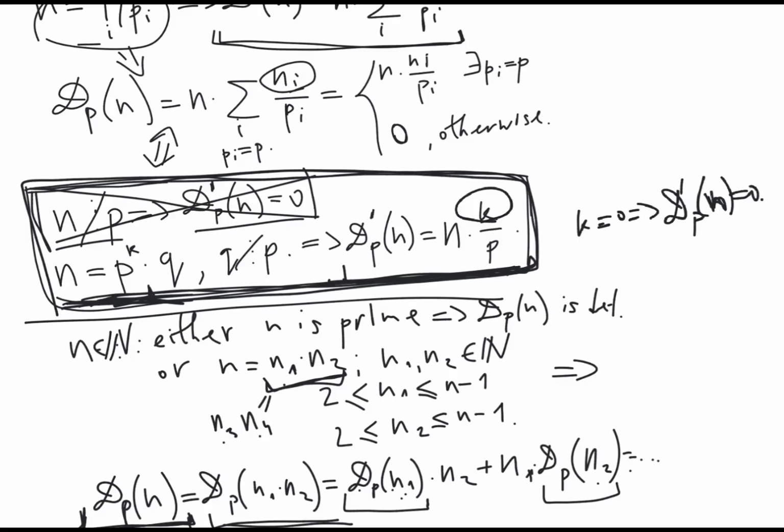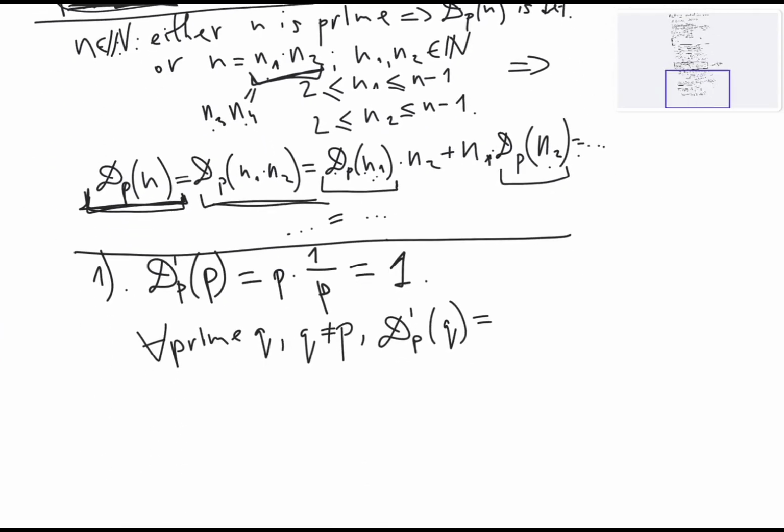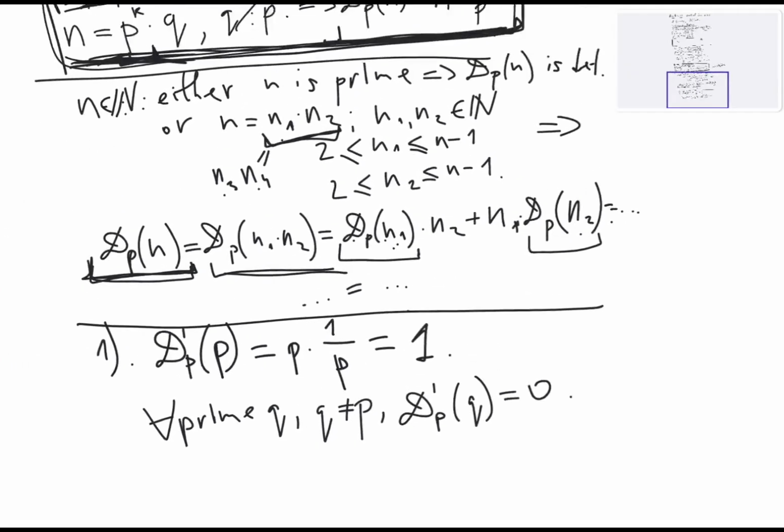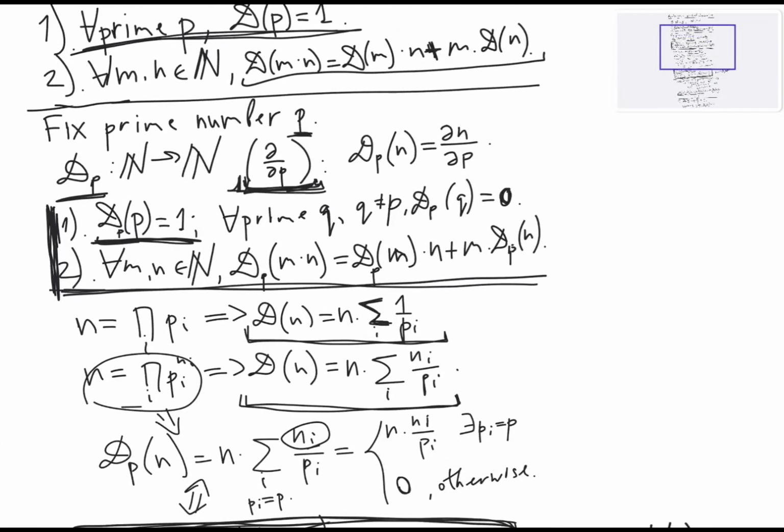So n not divisible by p corresponds exactly to the case of k equal to 0, so this formula captures this as well. In this case, q is not equal to p, so q is not divisible by p, so this would be 0. So this exactly satisfies this property.